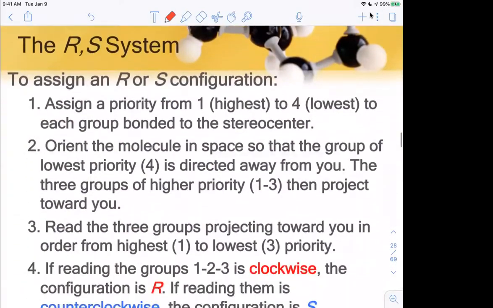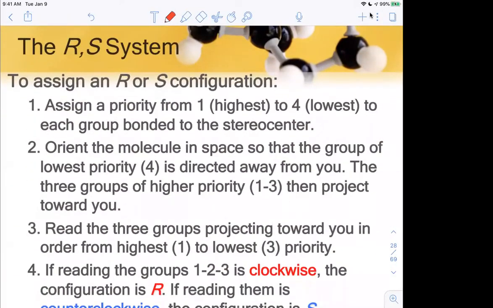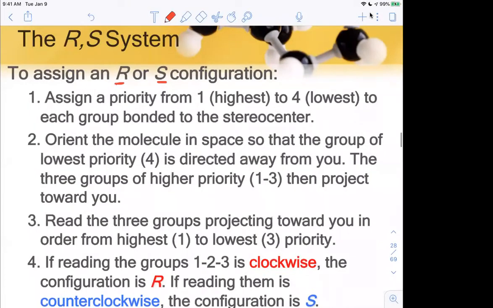Okay. So the next step is to assign the R or the S configuration, right? So when I do this, I follow the steps on this slide. I'm going to start with assigning the priority for each group bonded to the stereo center.